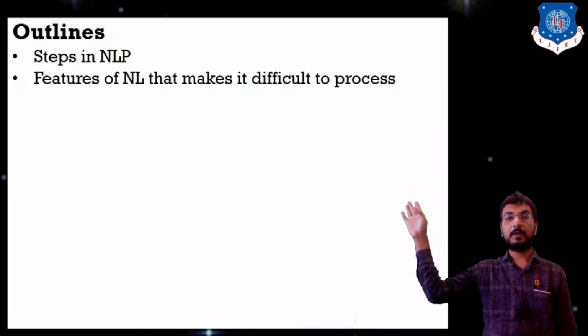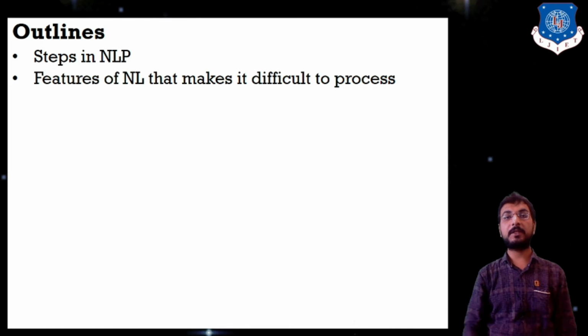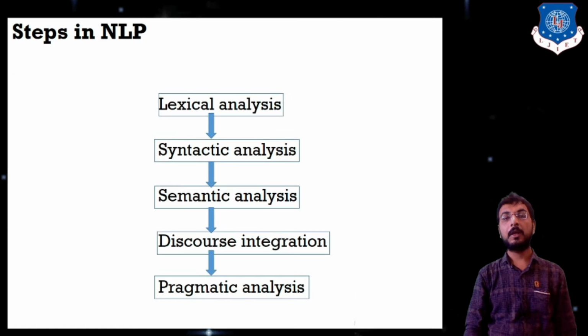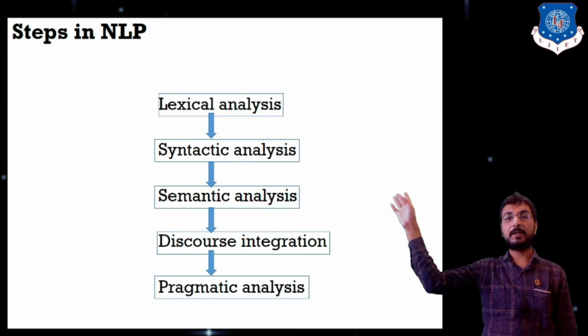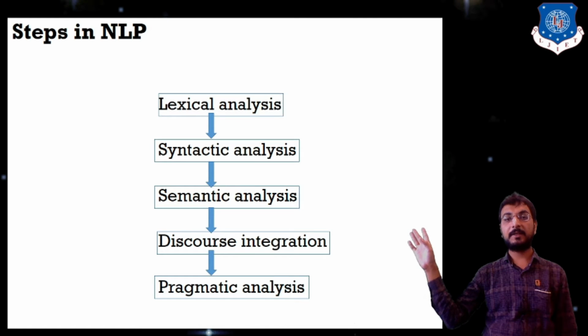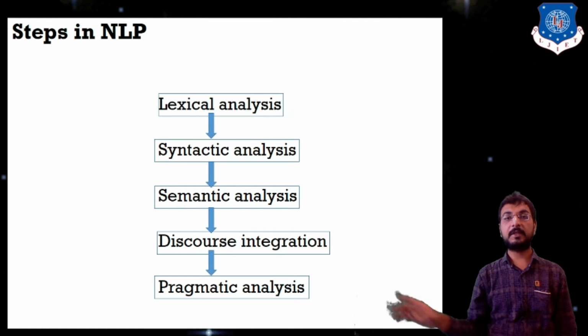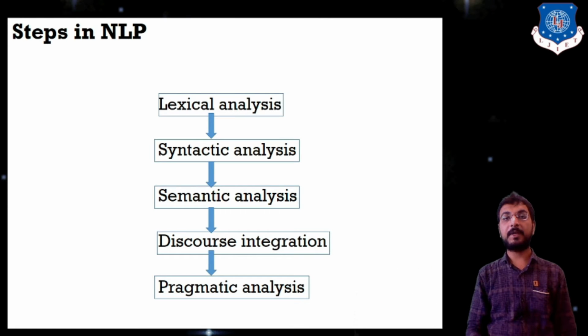Today's outline, the topics we are going to cover: the first topic is Steps of Natural Language Processing, and second is Features of Natural Language that make it difficult to process. So let us start with the first topic, steps of natural language processing. The first step is lexical analysis, second is syntactic analysis, third is semantic analysis, fourth is discourse integration and last is pragmatic analysis.